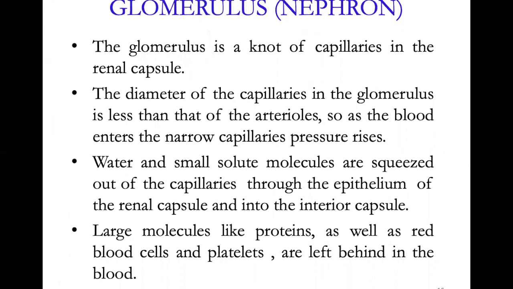The diameter of the capillaries is less than that of arterioles, and therefore the capillary pressure rises. Due to this, water and smaller solutes are squeezed out of the capillaries inside the capsule. The larger proteins, the blood cells, the WBCs, the platelets are left behind in the blood.